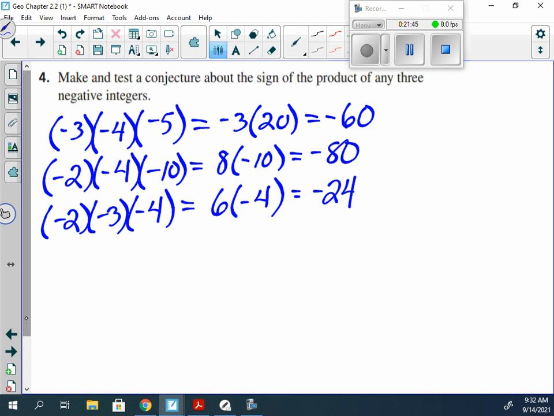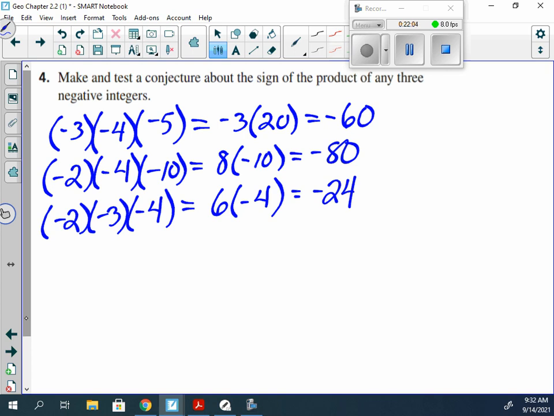No. Yes. They're always negative. Because a negative times a negative is a positive, times a negative is a negative. So it worked out that they were all even, but really the big thing is that they're negative.